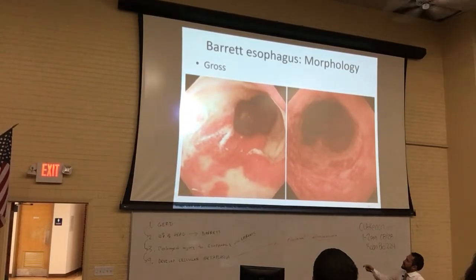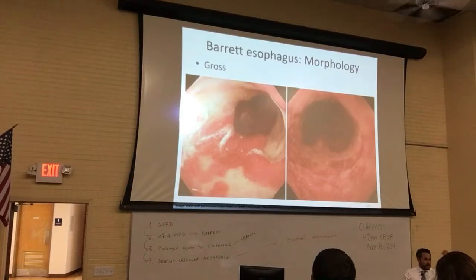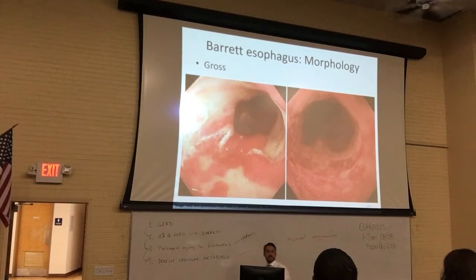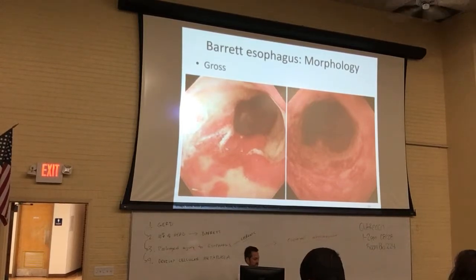That's what stratified squamous looks like. It's moist, it's slippery. That's what you want when the food goes down, so it nicely drops into the stomach. Here, you've lost a lot of that stratified squamous epithelium. It doesn't look nearly the same, and the additional redness is because that tissue is inflamed.